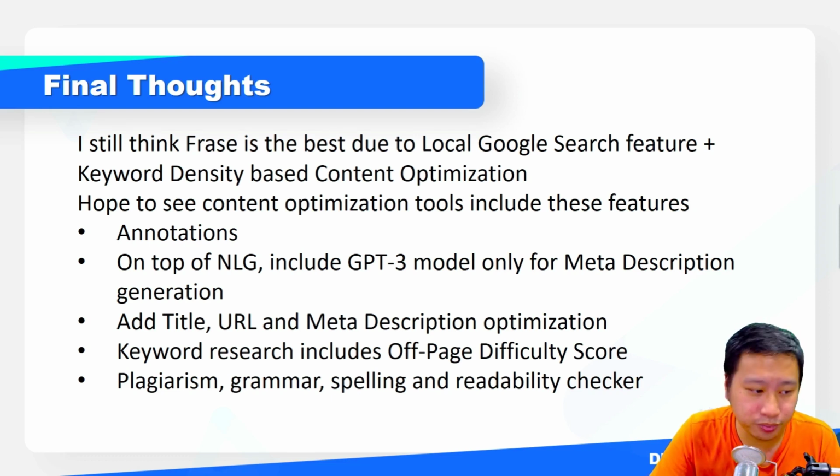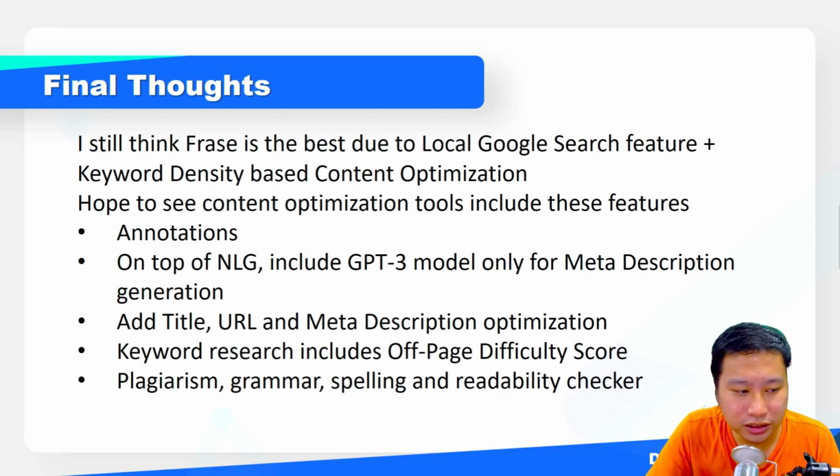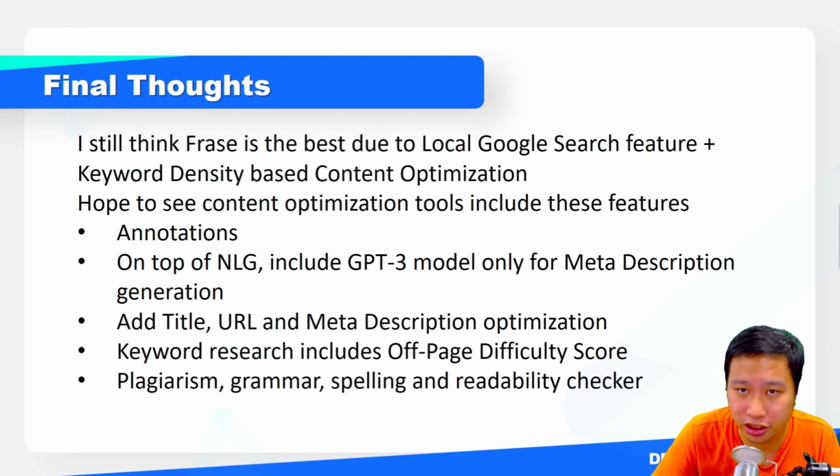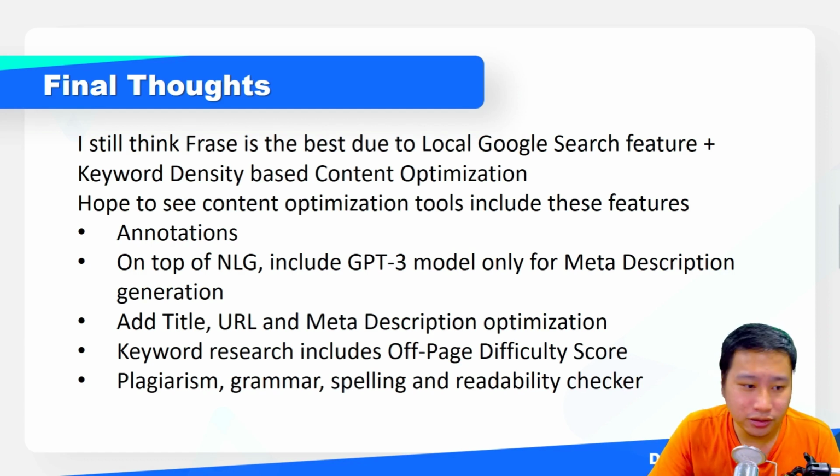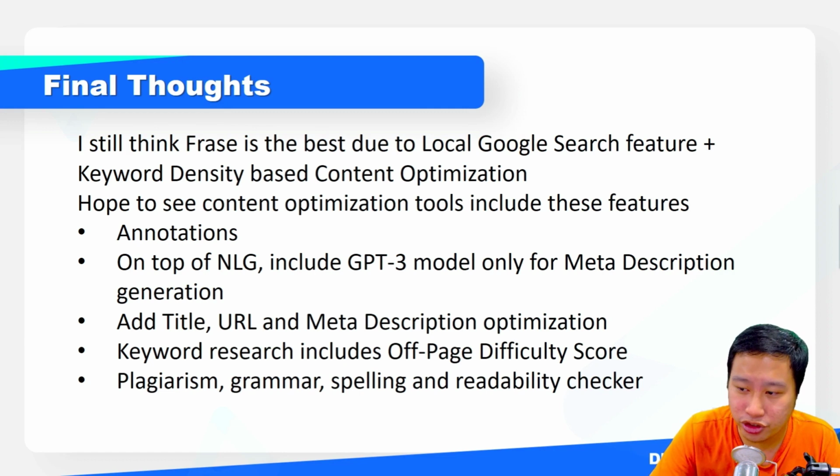So an off-page SEO difficulty score would help you have a better idea whether you want to tackle this piece of content or not, right? And this can easily be done by having some Ahrefs data or API connecting to these content optimizer tools. And lastly would be having plagiarism checking, grammar, spelling, and readability checking built in as well. And this is everything that I have to share about these three different tools.